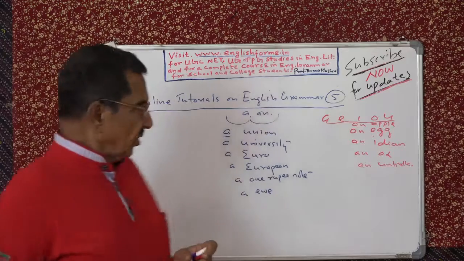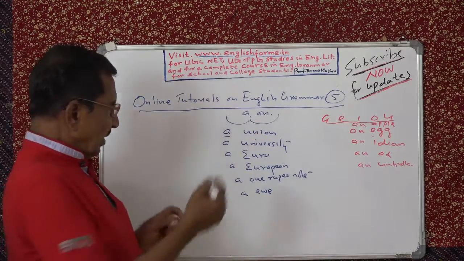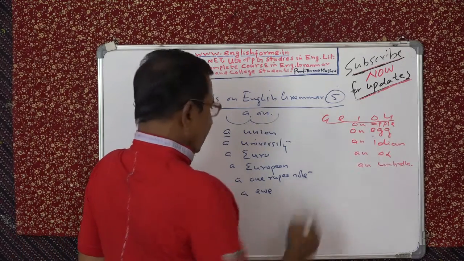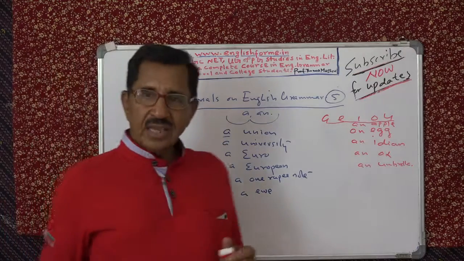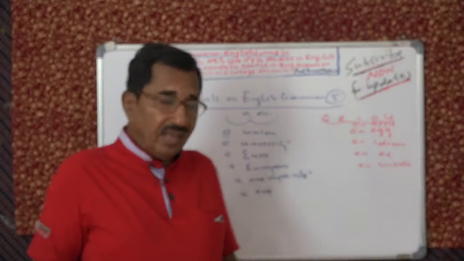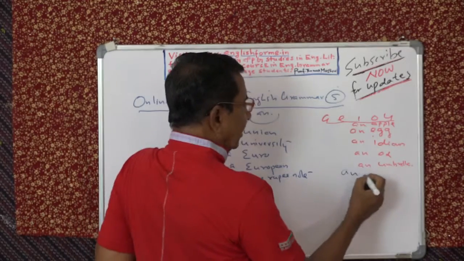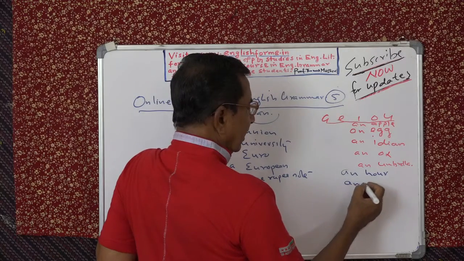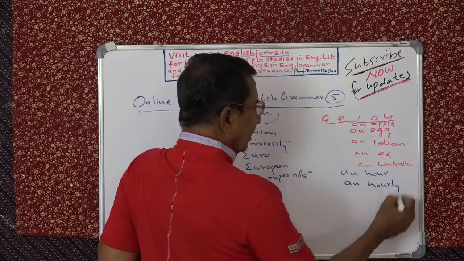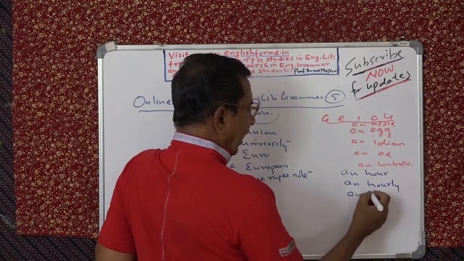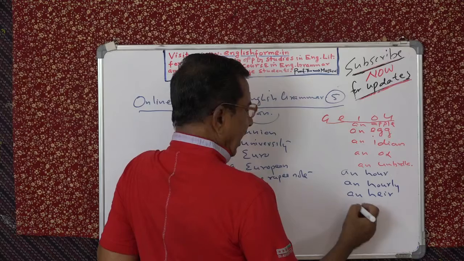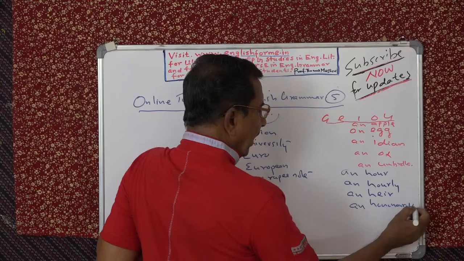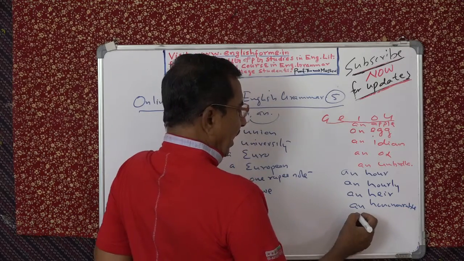Or you find where you don't have "a", you have "an": an hour, an hourly train, an heir, an honorable, an honor.